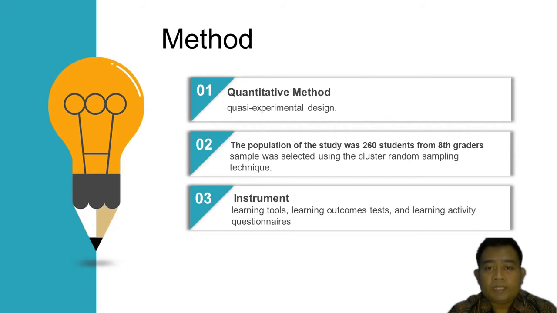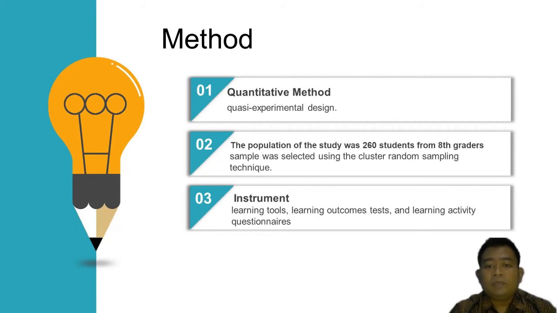The instrument in this study consisted of learning tool, learning outcome test, and learning activity questionnaire. Before use, all three instruments were validated. Learning tools and learning outcome tests were validated by experts in the field of learning, namely mathematics education lecturers.